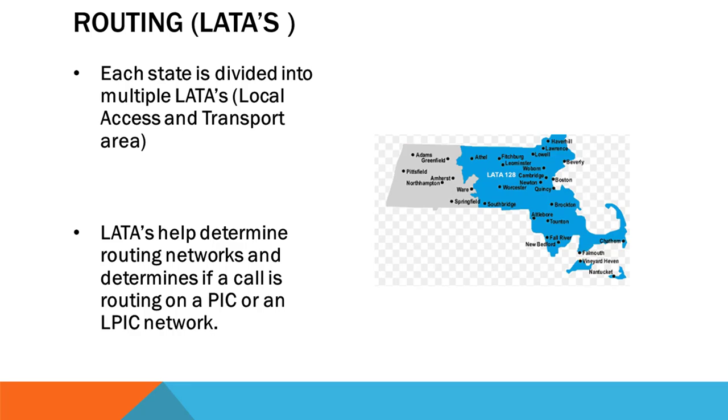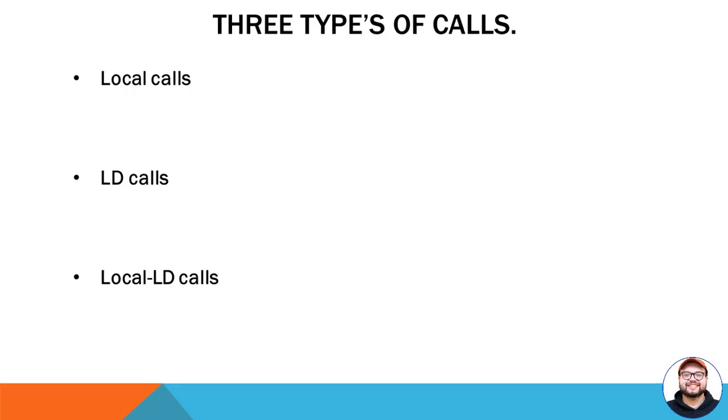And what determines the PIC or the LPIC is the LATAs. If we're crossing LATAs, that's long distance, it's going to be on PIC. If we're not crossing LATAs, it's going to be LPIC, local long distance. So going back to our initial slide, 3 types of calls. We have local calls that are handled by one carrier, and it's just a call that is made within the central office's local calling radius.